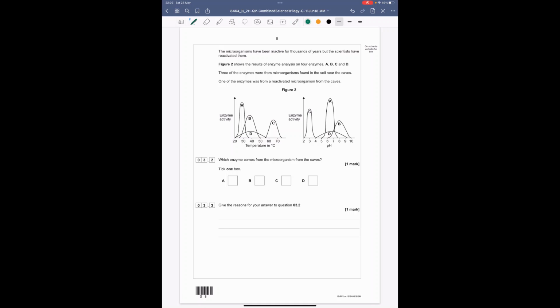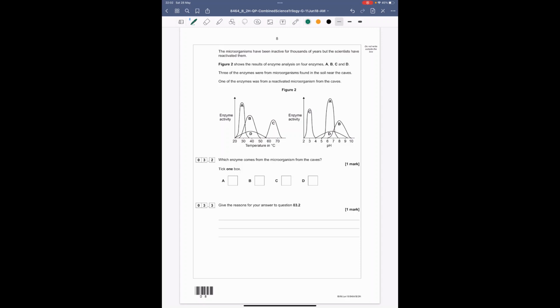The microorganisms have been inactive for thousands of years, but the scientists have reactivated them. Figure 2 shows the results of enzyme analysis on 4 enzymes, A, B, C, and D. 3 of the enzymes from the microorganisms were found in soil near the caves. 1 of the enzymes was reactivated from microorganisms from the cave.